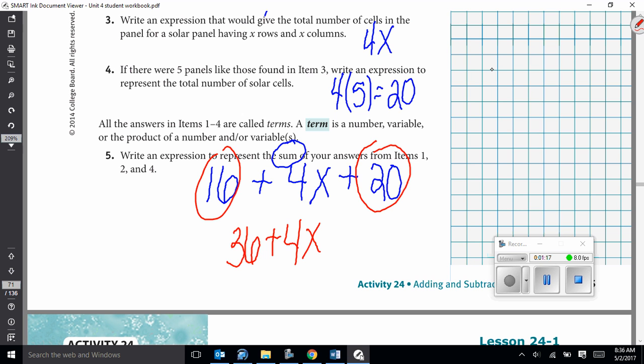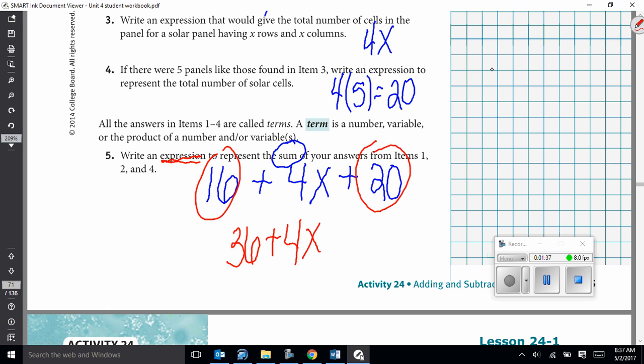Alright, but we're dealing with an expression because we don't know what it equals. So the expression is just, there's no equal sign if we're looking at an expression. So we'll just leave it like that. We can't go any further because these are numbers, and this is a number and variable.